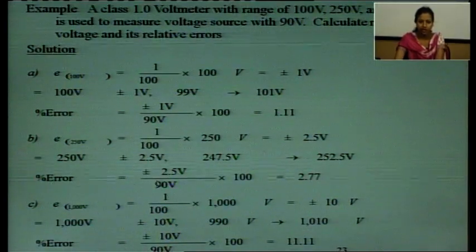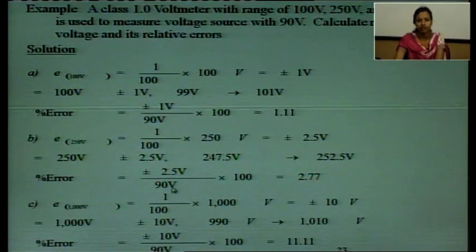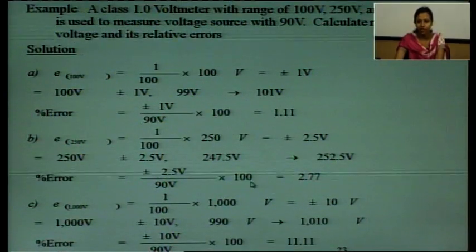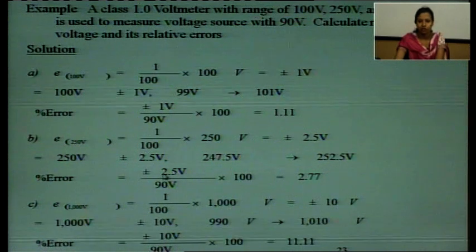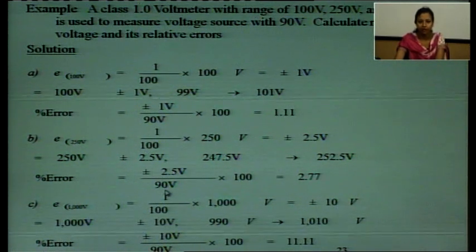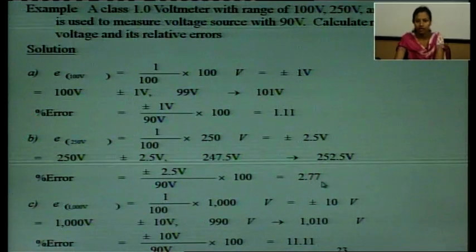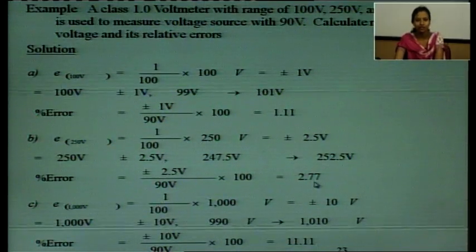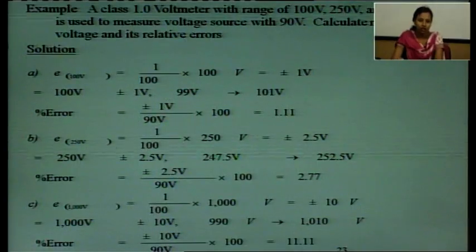Percentage error is equal to absolute error divided by true value into 100, so 2.5 divided by 90 into 100 is equal to 2.77%. So the more range the voltmeter has, the more error we get in the measurement.